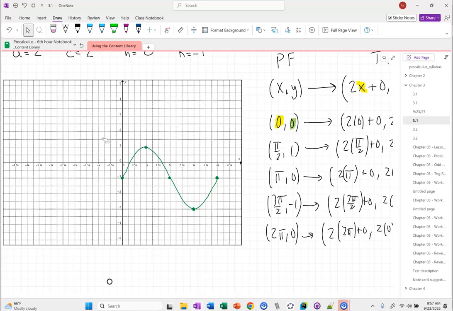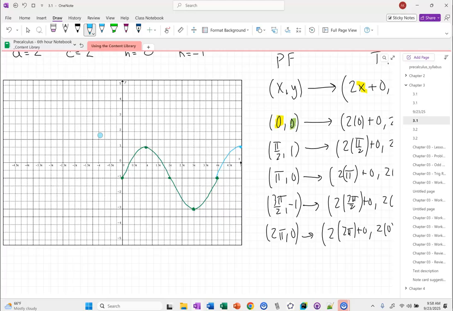So after the midline, I should be up at a maximum. So I should be going 1 pi over and then up 2 units to here. And if I go backwards, so this is now the end, it should have come from a minimum.